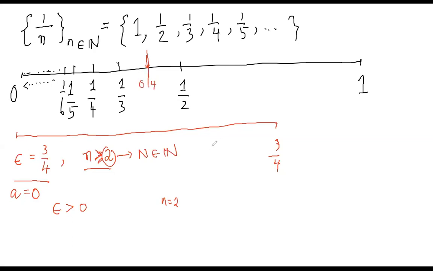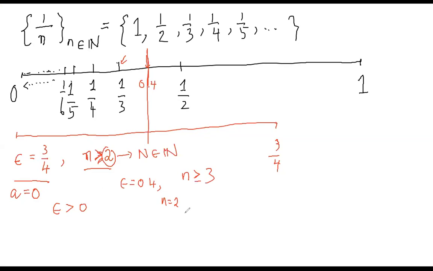If you fix your epsilon to be 0.4, then your n will have to be larger than or equal to what? Starting from which n will the distance of your xn be bounded by 0.4? 3, right? It's clear, right?